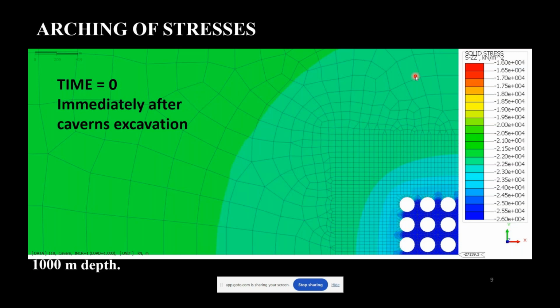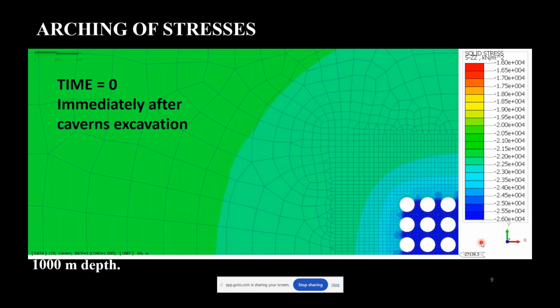After we simulate the dissolution, where all caverns are dissolved at the same time, we have a stress increase in the rock salt inside the cavern field, and the overburden distributes some of this load to the unmined area.